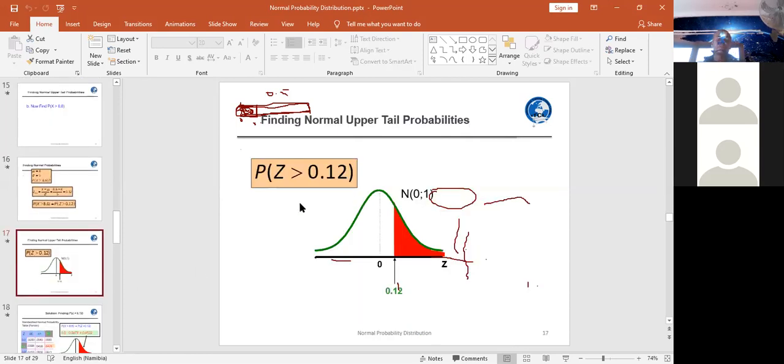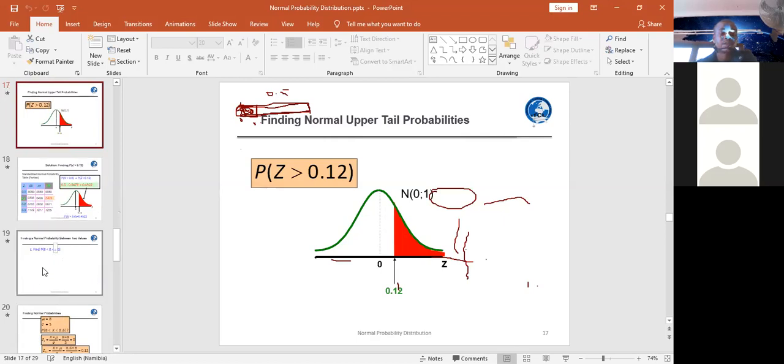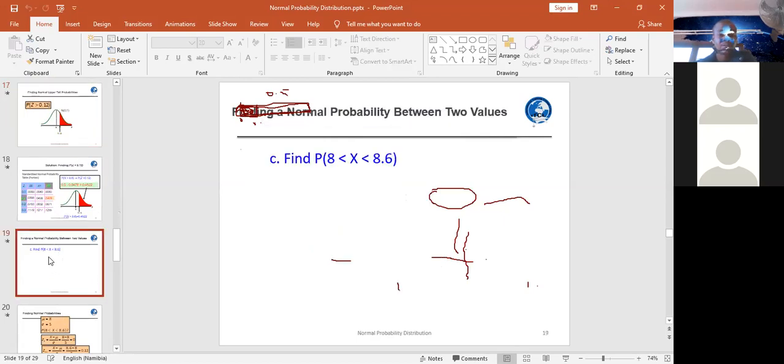So please make sure that you understand the table, understand why we are using 0.5, why in some cases we have to add, sometimes you have to subtract. And you need to understand how to read the table. If you don't understand how to read the table, you will just end up maybe at this number. Coming up to 0.12 is very easy, but the problem is reading from your table.